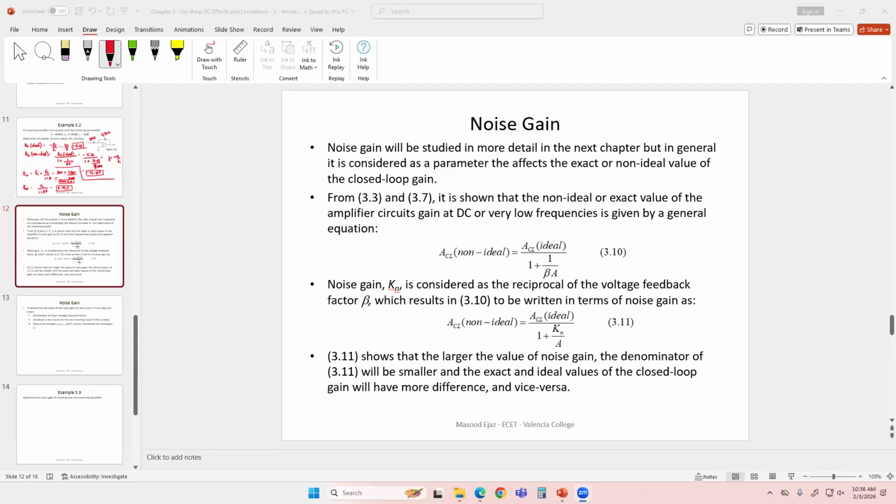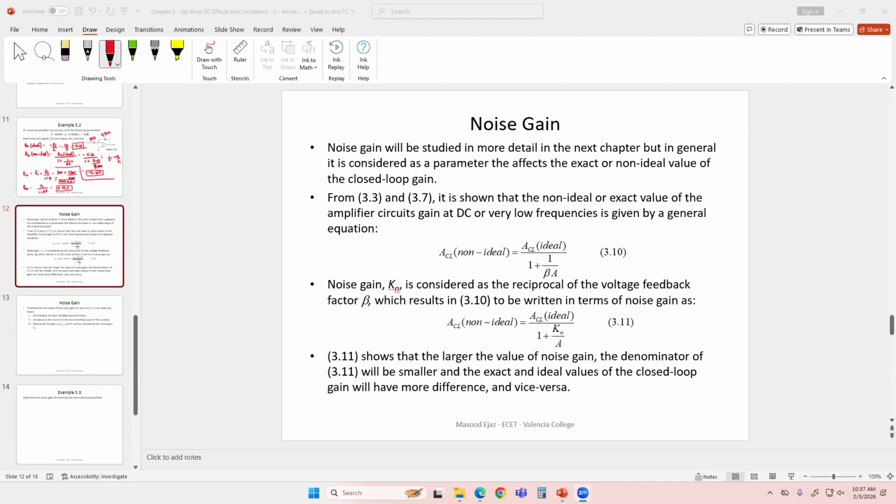Okay, guys, so the last topic of this chapter is noise gain. And as I mentioned, we're going to discuss noise gain in detail when we discuss the AC characteristics of the operational amplifier circuits, which is the next chapter. But just to discuss the importance of the noise gain, as it says, it is one of the factors that affect the ideal value of the gain as compared to the non-ideal value of the closed loop gain.